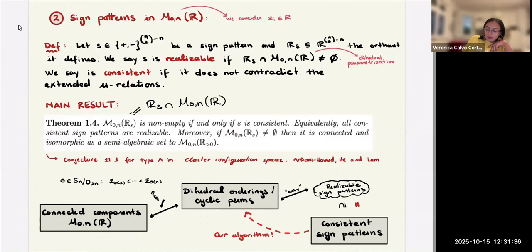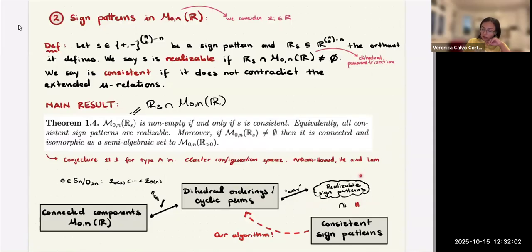And after that, all you have to show is that you have as many realizable sign patterns as connected components to actually get a combinatorial bijection, because you have already shown that you have a way to go from the dihedral orderings to the sign patterns. And as I mentioned before, we know we have (n-1)!/2 dihedral orderings or cyclic permutations.